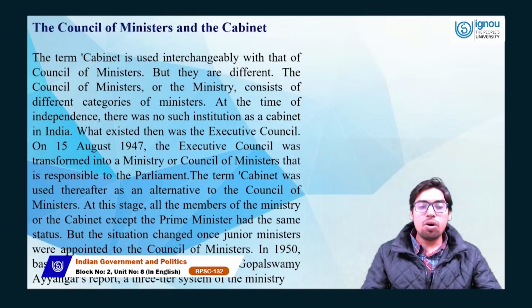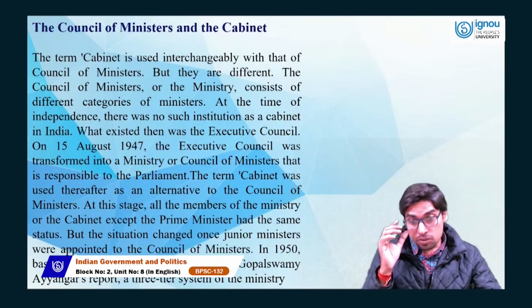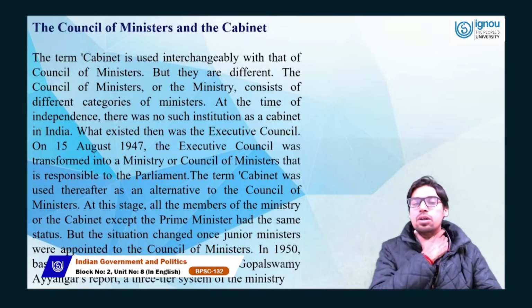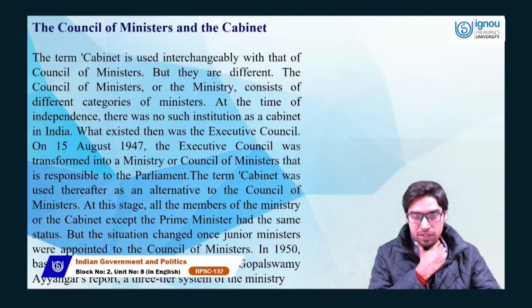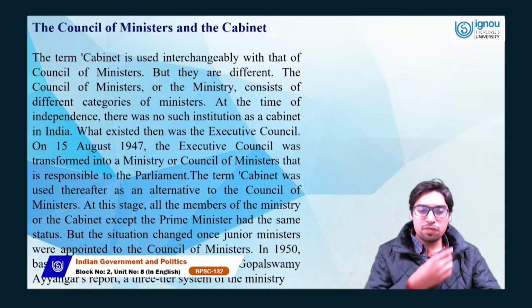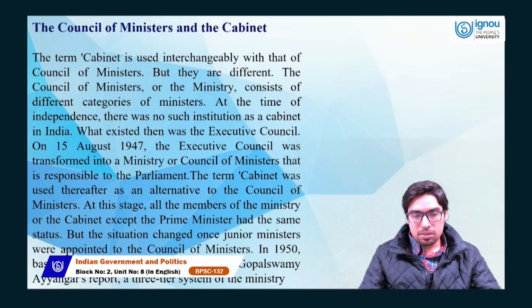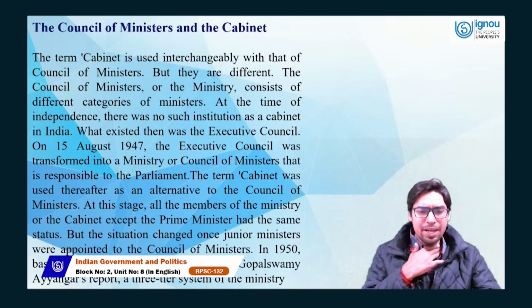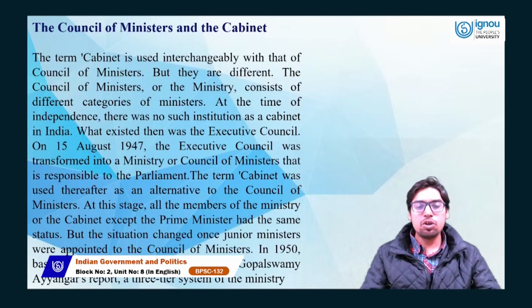At the start, all the members of the ministry or the cabinet except the prime minister had the same status. But the situation changed once junior ministers were appointed to the Council of Ministers in 1950 based on the recommendation of the Gopalaswami Ayyangar report.